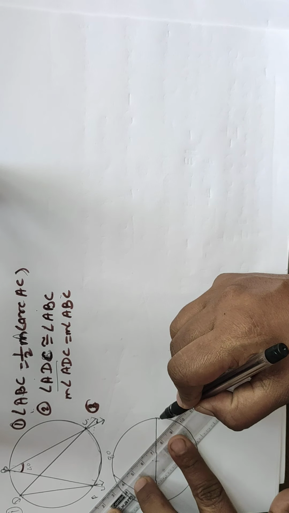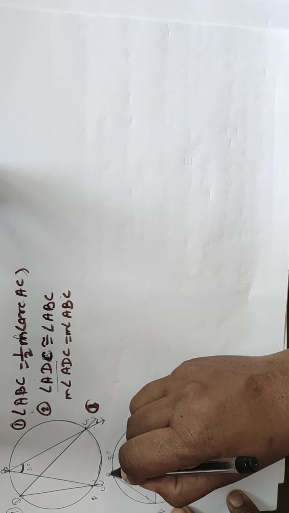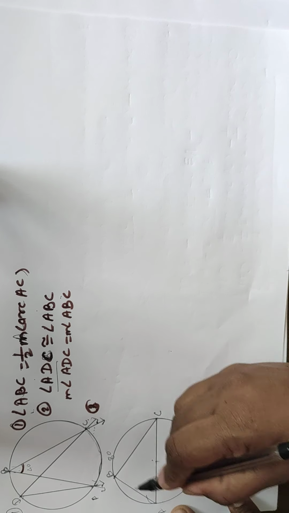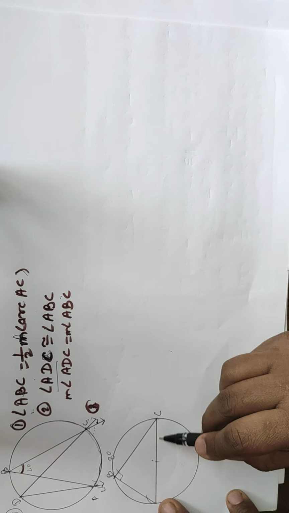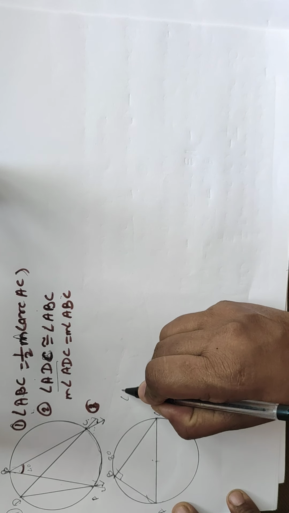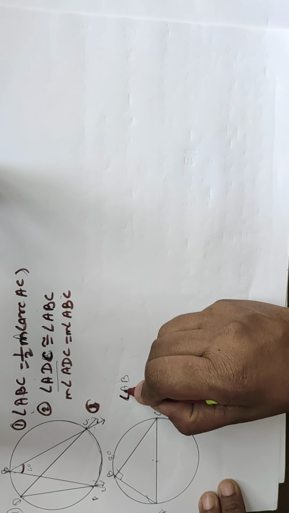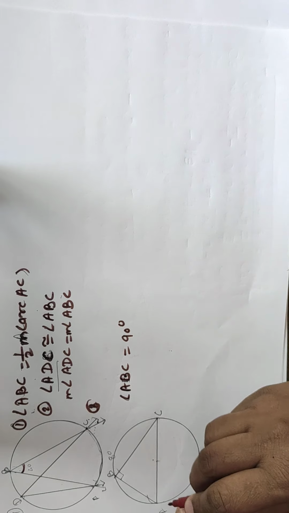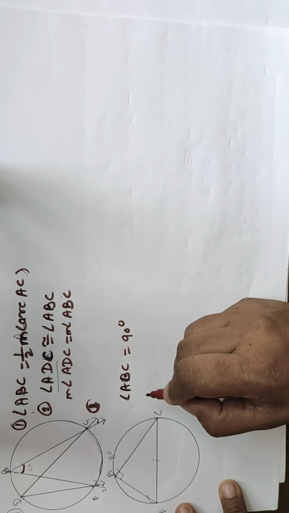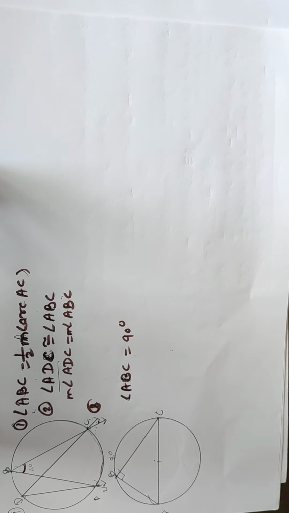AC is the diameter, and ABC is a triangle. If AC is a diameter, then angle ABC is equal to 90 degrees.